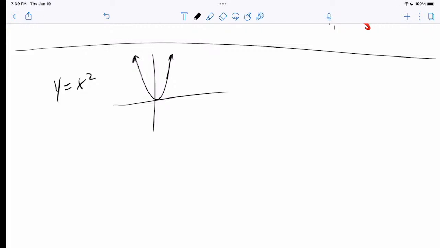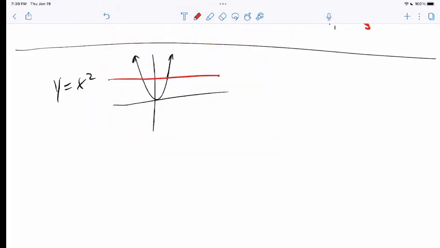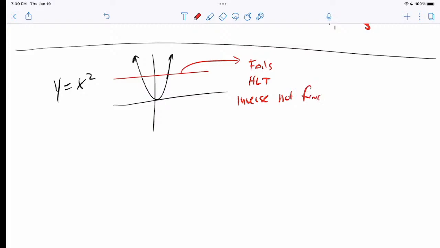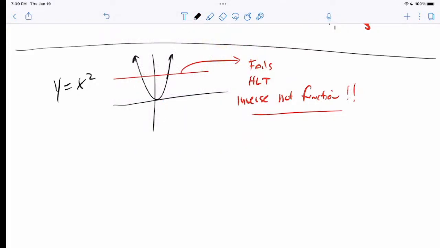And you guys know that if it fails the horizontal line test, then the inverse is not a function. You guys remember that? A lot of times we would have to restrict the domain to make it a function.